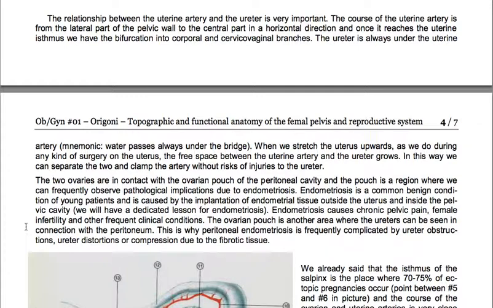So water, meaning urine, in the ureter goes below the artery, which is the bridge. And when we stretch the uterus upwards, as we do during any kind of surgery on the uterus, the free space between the uterine artery and the ureter grows. This way we can separate the two and clamp the artery without risk of injuries to the ureter.